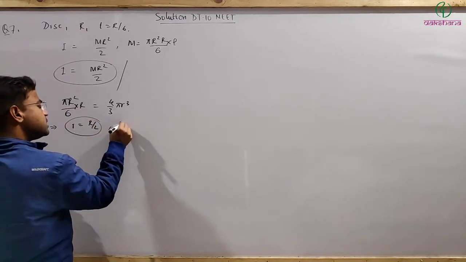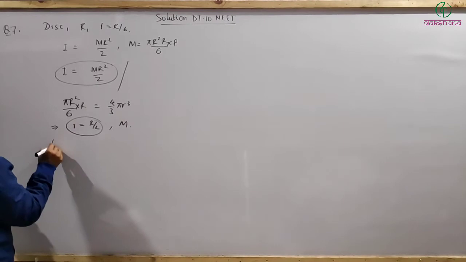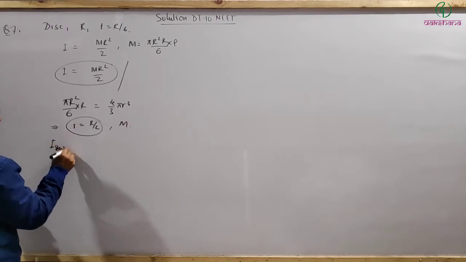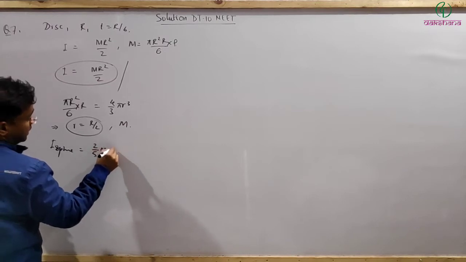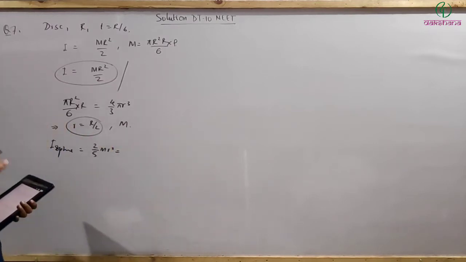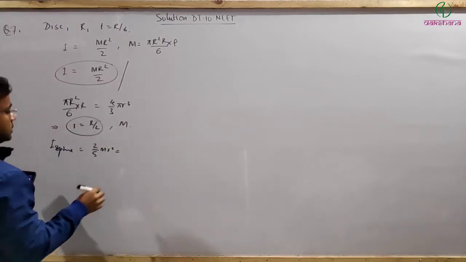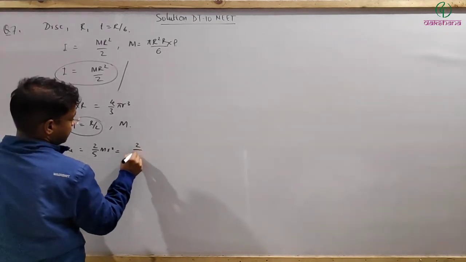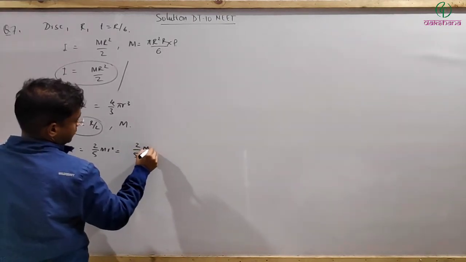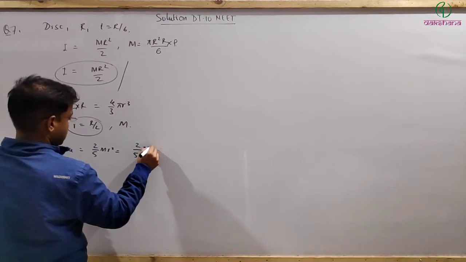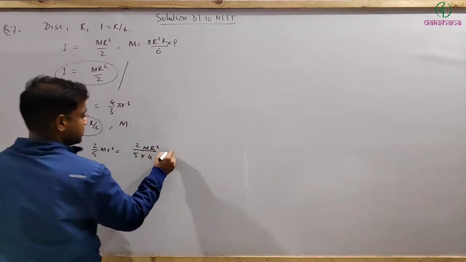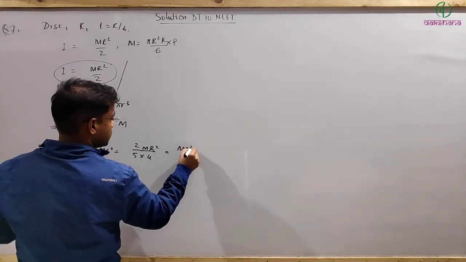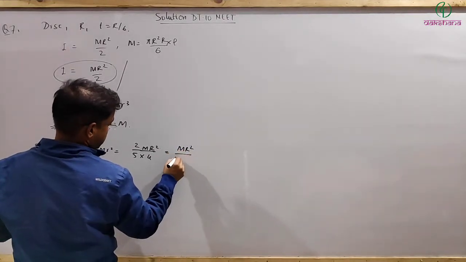Then mass will still remain the same, so the new moment of inertia of the sphere will be equal to 2 by 5 m r square, because m is anyway going to remain constant. This comes out to be 2 by 5 into m into r square divided by 4, and this comes out to be m r square by 10.